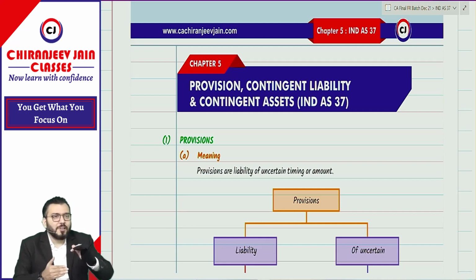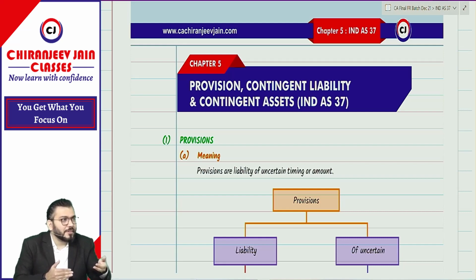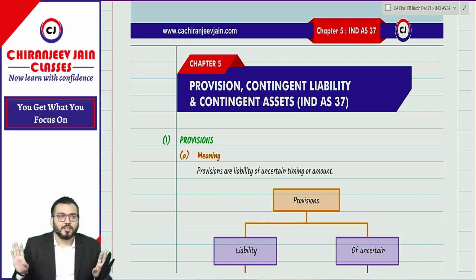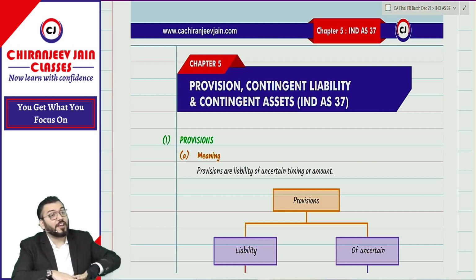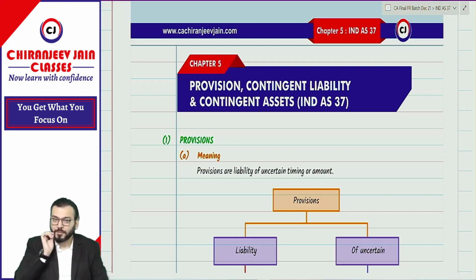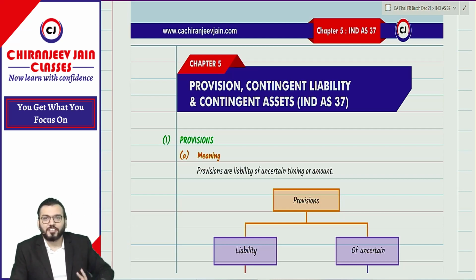First I will make you comfortable in class. Why do I want to make you comfortable? That is required in the accounts subject, because accounts is the subject where you have learned from various faculties, and you have changed a lot of faculties.